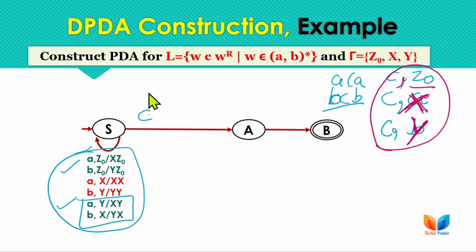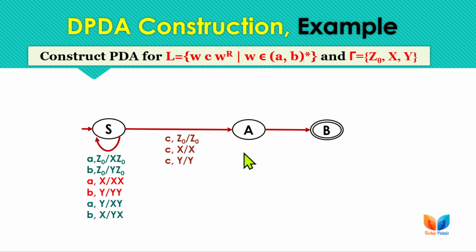So we can keep the same stack top for C and just change the state. So here are the corresponding transitions. For C, if we have Z0 as stack top, replace it with Z0. If the stack top is X, replace it with X, and if the stack top is Y, replace it with Y and change the state.